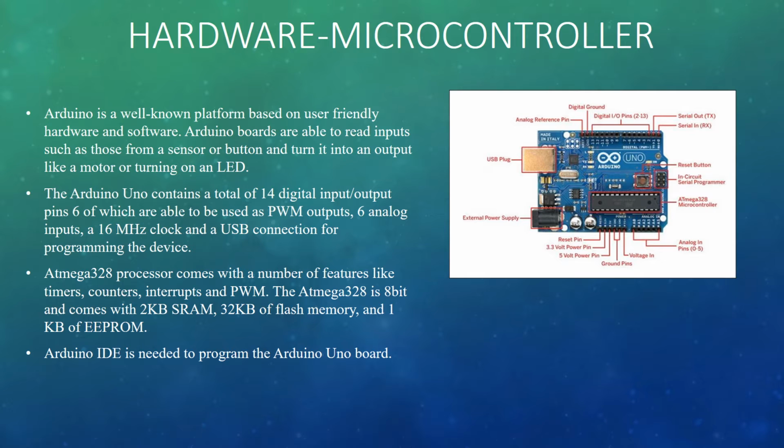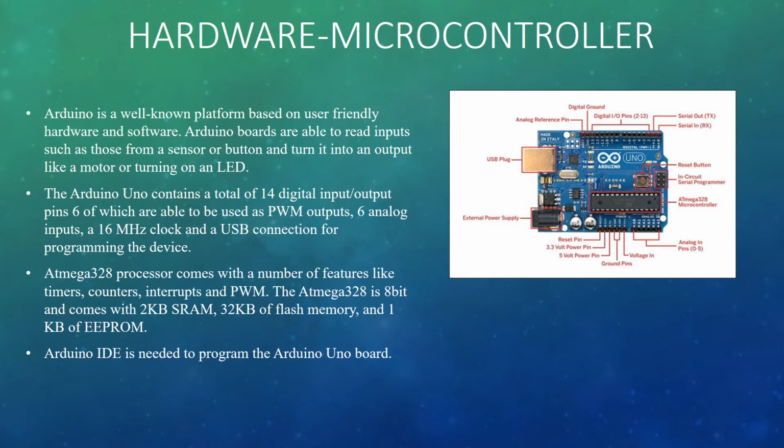The Arduino Uno contains a total of 14 digital input-output pins, and 6 of those can be used for pulse width modulation, 6 analog inputs, and a 16 megahertz clock, and it uses a USB connection to program the device.